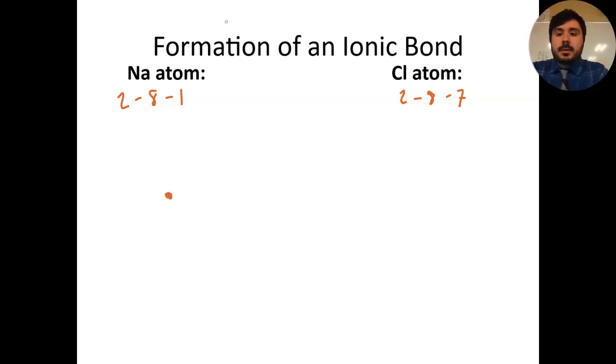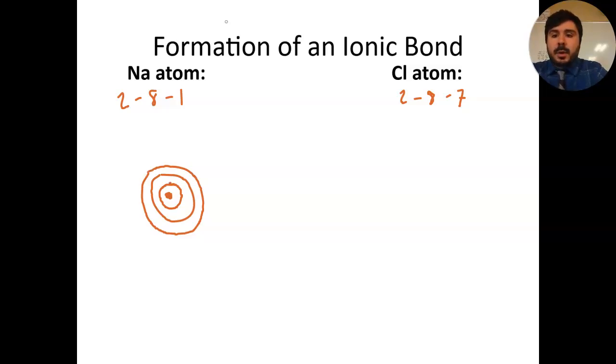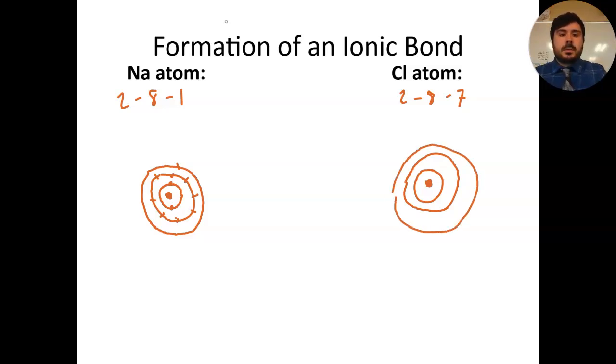I'm going to take my pen here and create my Bohr model for these two. On the first one, I'm going to do my 2 electrons, then 8 on the second shell, and then 1 right here. Then I'll try another one. Sorry, guys, this is a really rough one.